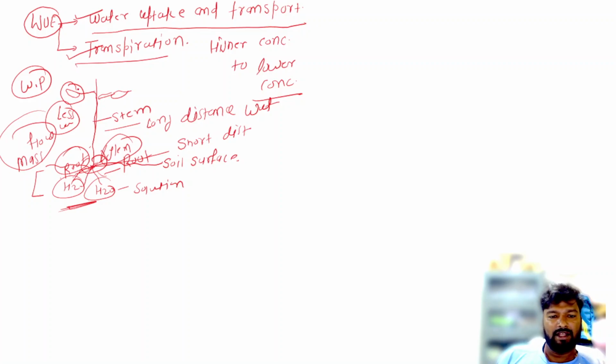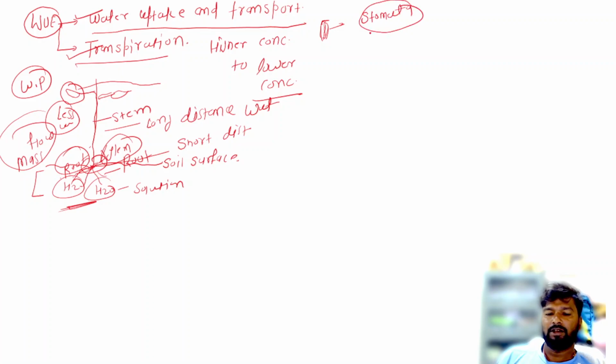Okay, then in the leaf surface, in the epidermis, there will be pore-like structures. Tiny pores are present, which are known as stomata.